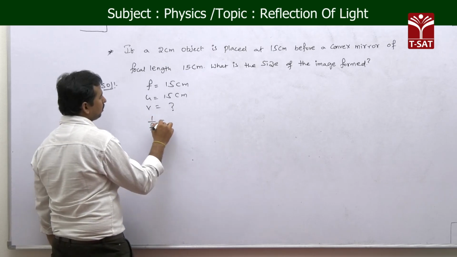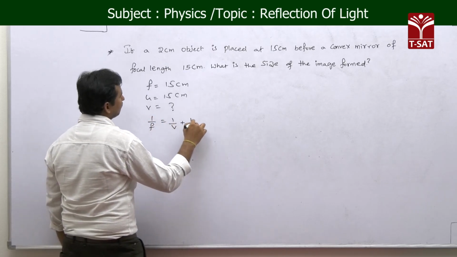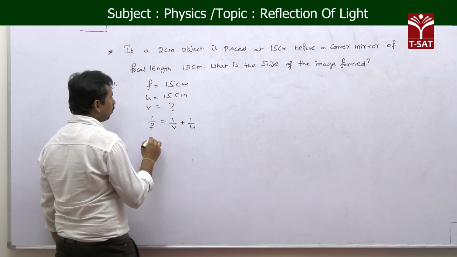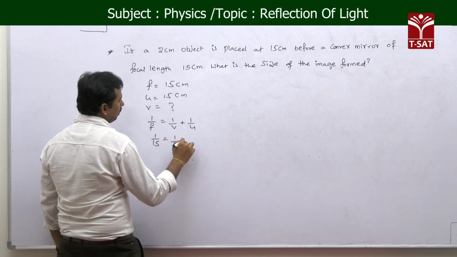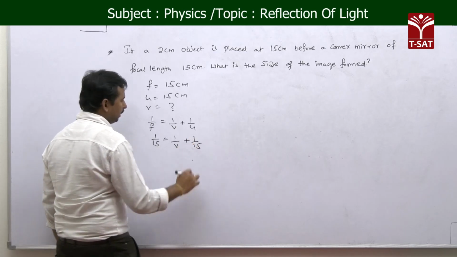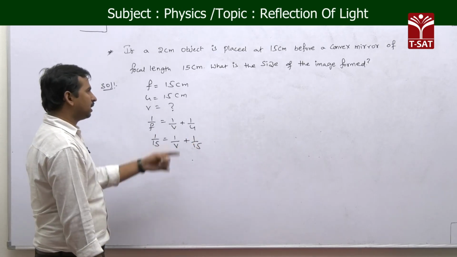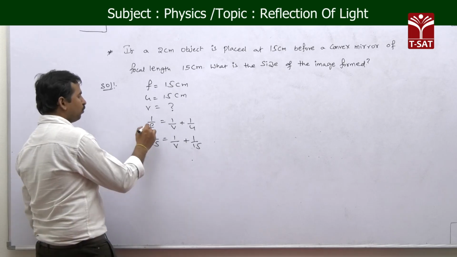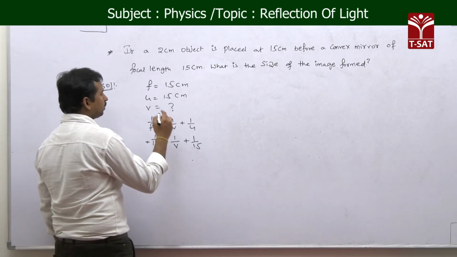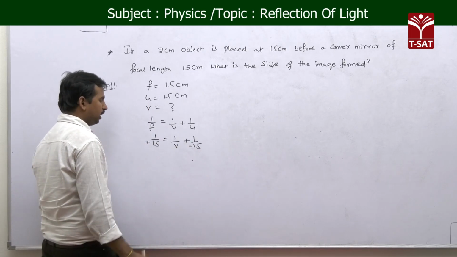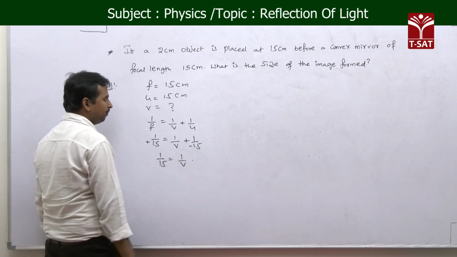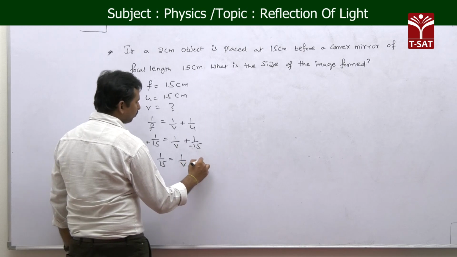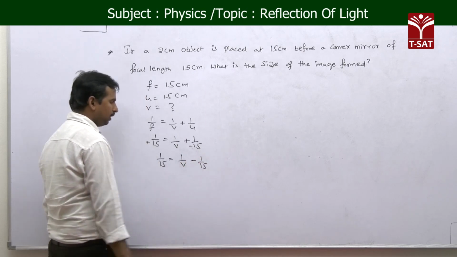Then 1 by f is equal to 1 by v plus 1 by u. Focal length is already given as 15, v we don't know and u is 15. If you apply the sign convention, as it is a convex mirror, focal length is positive, whereas object distance we have to take as negative. Then 1 by 15 is equal to 1 by v plus into minus becomes minus 1 by 15.